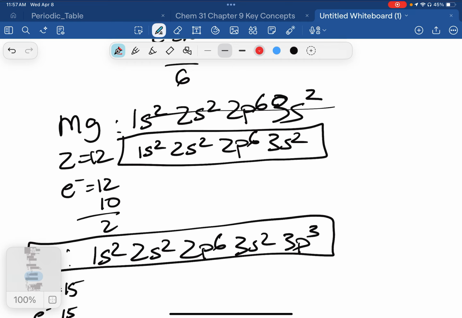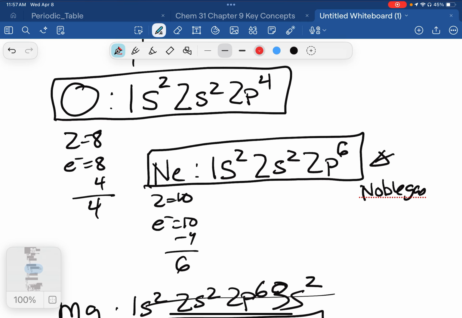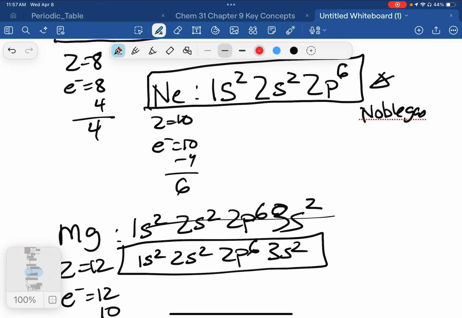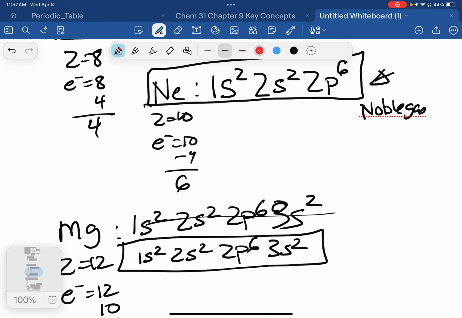To look at another example of a noble gas configuration, we can come back up here and compare our neon and our magnesium. If you notice up here, neon is in fact a noble gas, as I specified earlier. It has the configuration of 1s2, 2s2, 2p6.